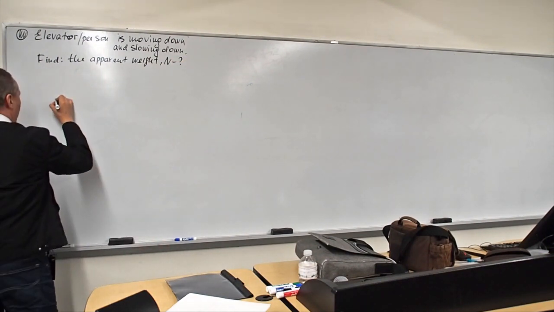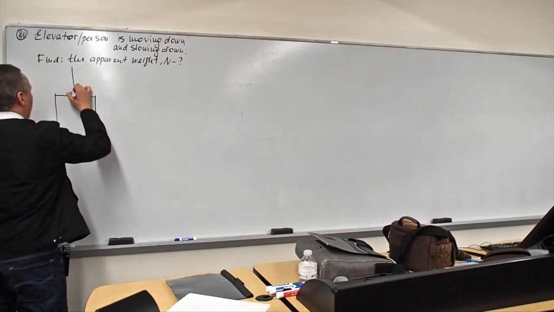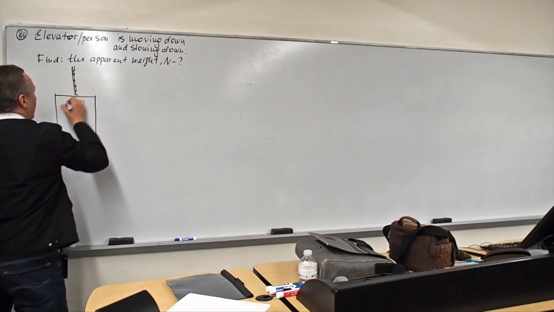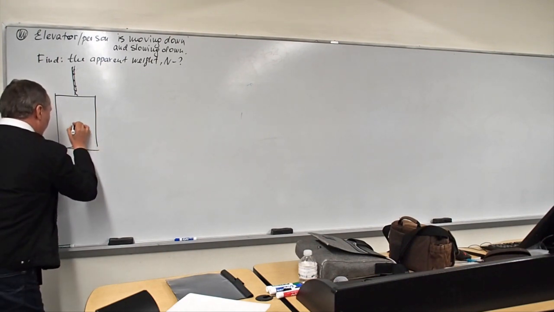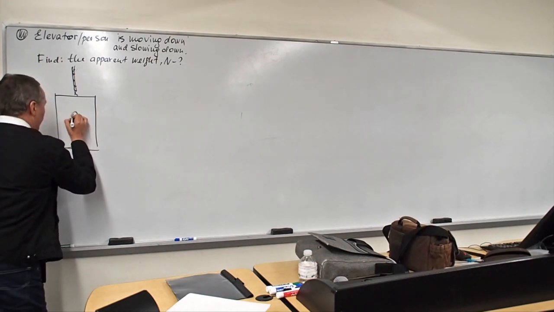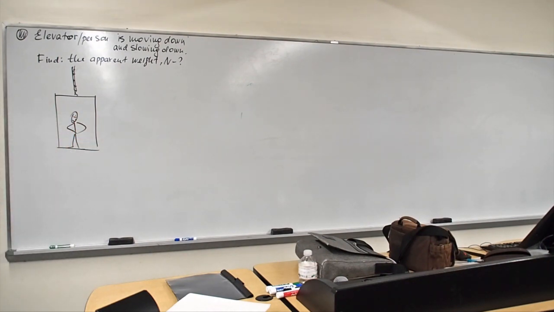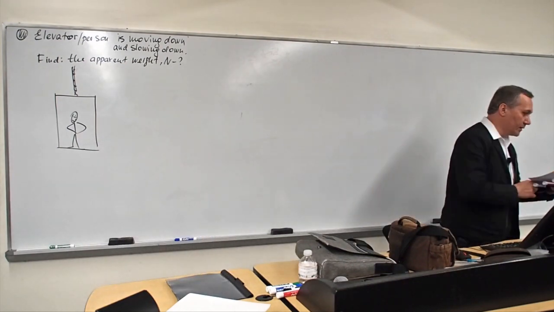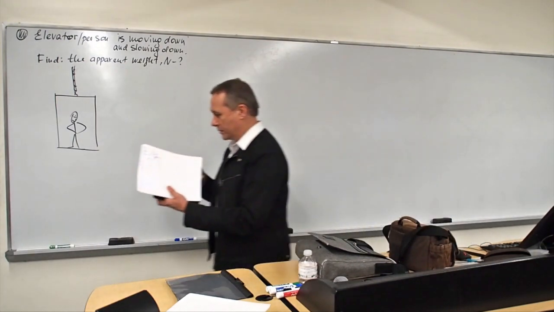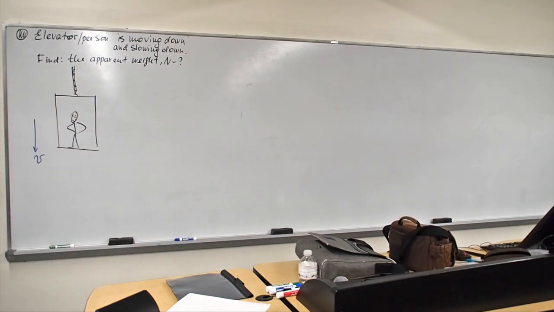Okay, so let me draw the physical situation. Okay, elevator attached to some cord. So there is a person inside. Okay, let's make him happy. And it says it moves down. So velocity is down.